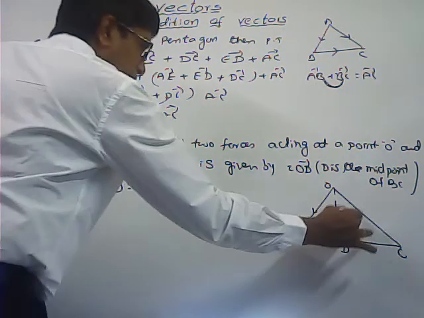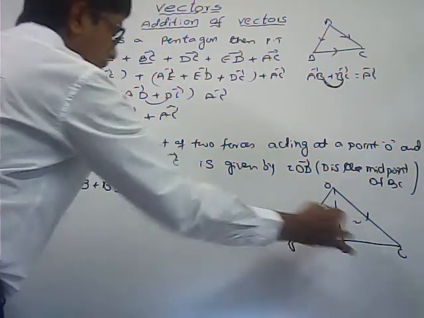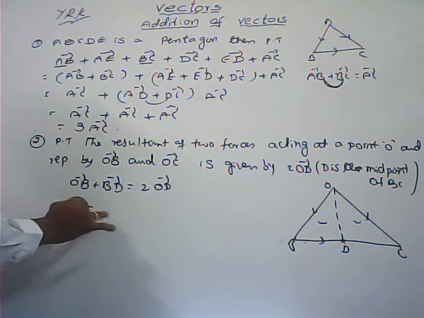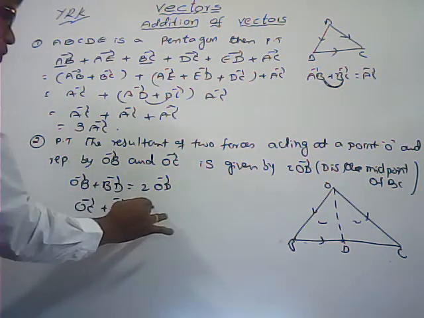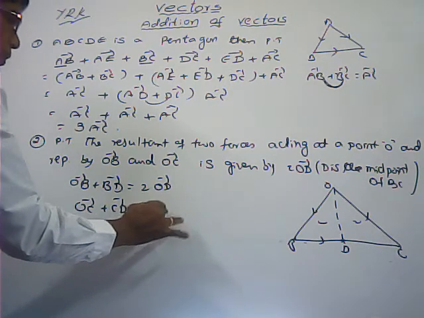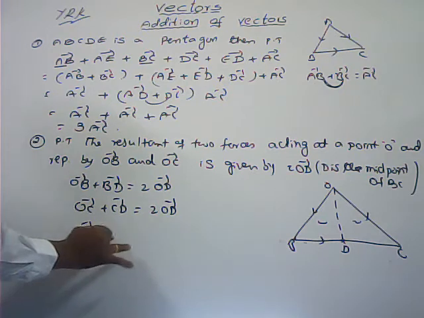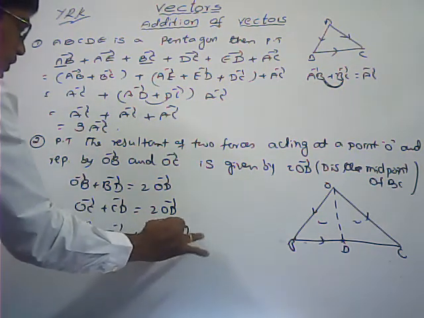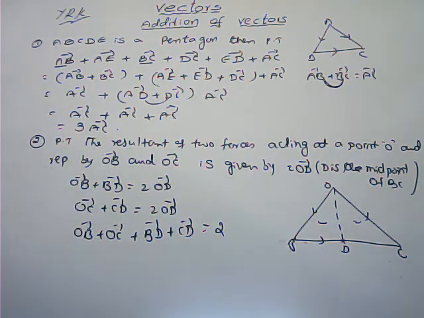And here also I am applying the triangle law of addition: OC bar plus CD bar, that is equal to OD bar. If I add these two, OB bar plus OC bar plus BD bar plus CD bar, that is equal to 2 OD bar.